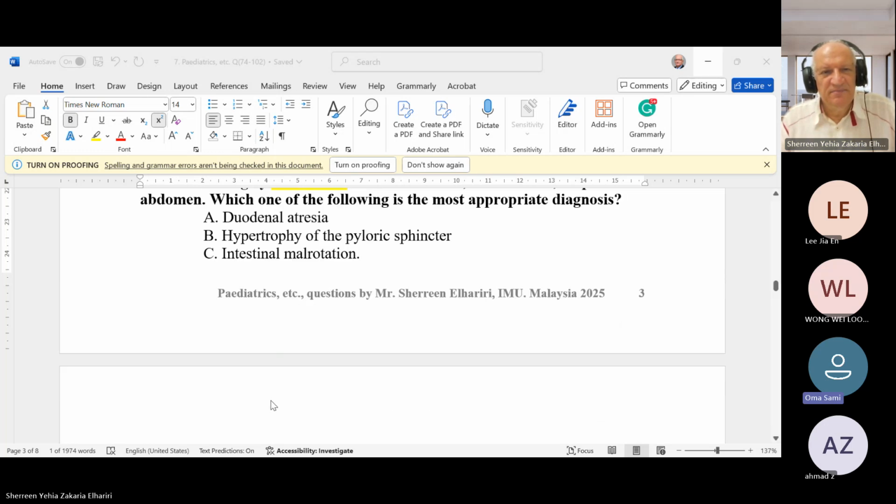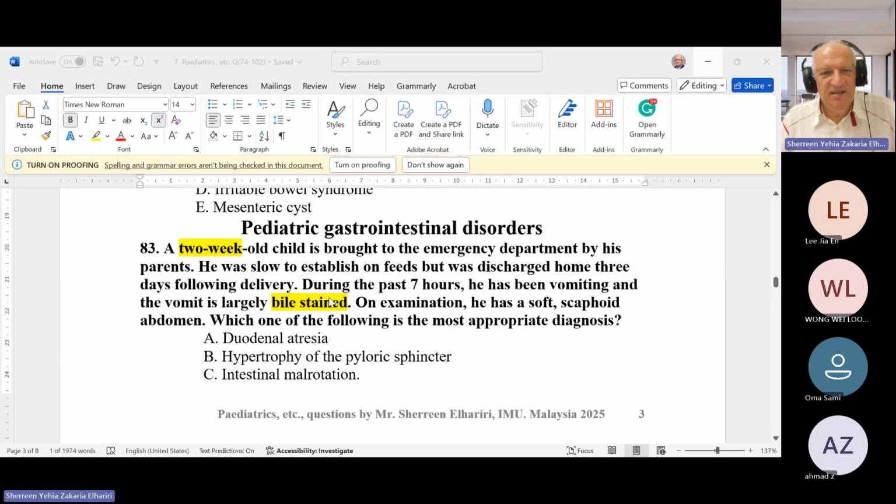Duodenal atresia? No, not duodenal atresia, because duodenal atresia is usually in the middle, so it is not bile stained. You know the common bile duct opens in the second part of the duodenum. This is intestinal malrotation.